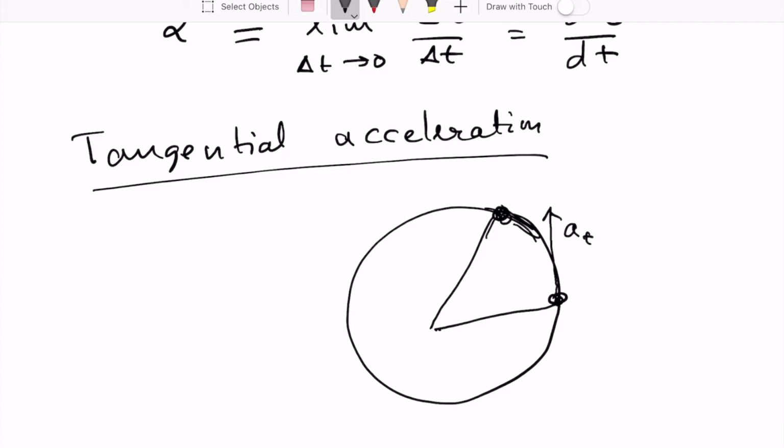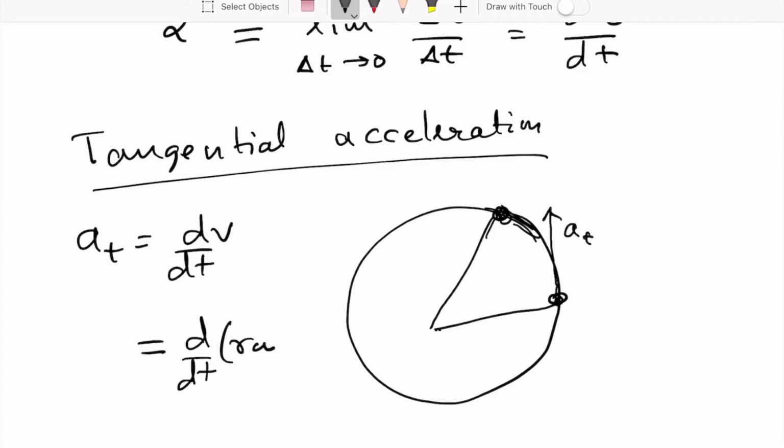So how do you define the tangential acceleration? It's just the derivative of the tangential velocity. So a_t is equal to dv/dt. Now we have a formula for the tangential velocity, which is r omega, right? So if you plug that in, this is d/dt of r omega.